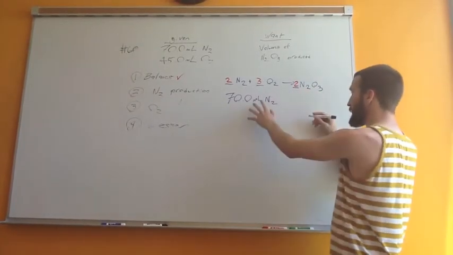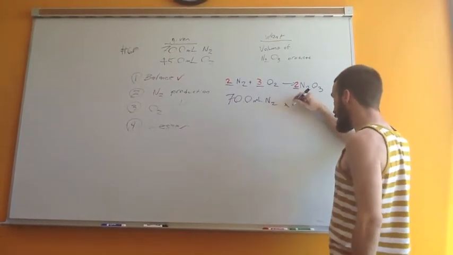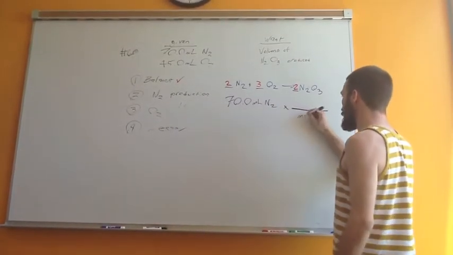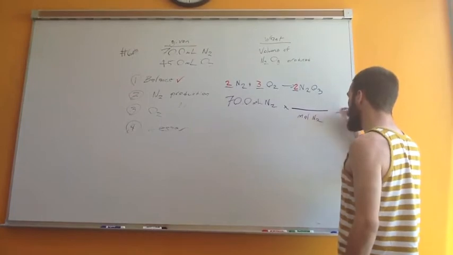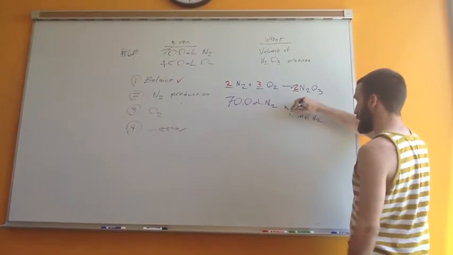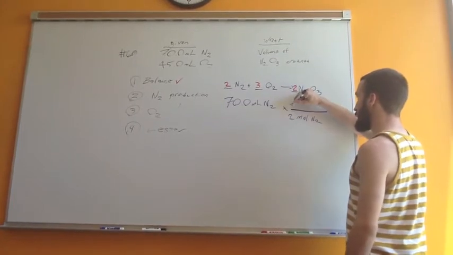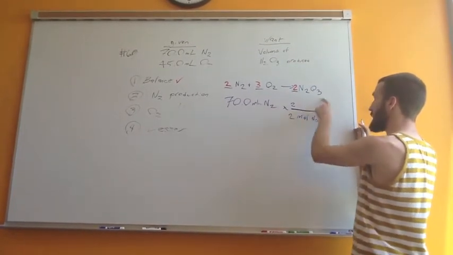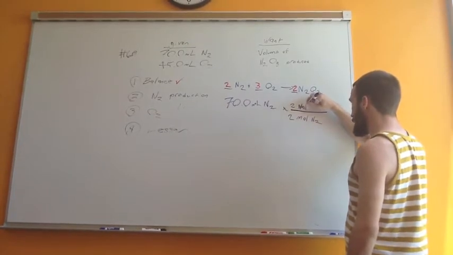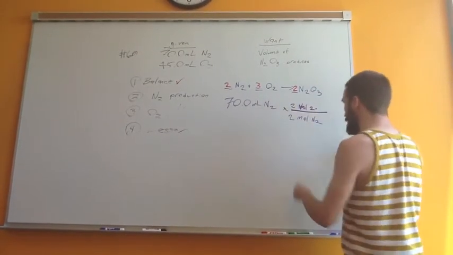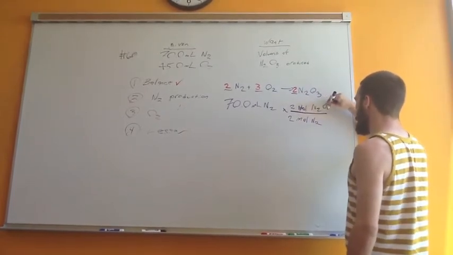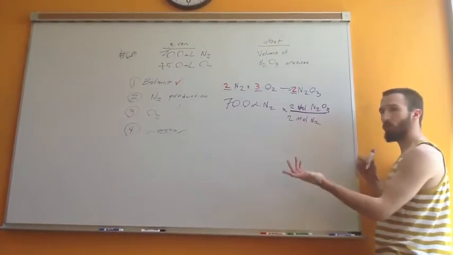We want to keep everything balanced, so we're going to divide by moles of N2 to keep it consistent. Moles of N2, and we had two of those. So 2 moles of N2 to 2 moles of N2O3. That's a 1-to-1 proportion.